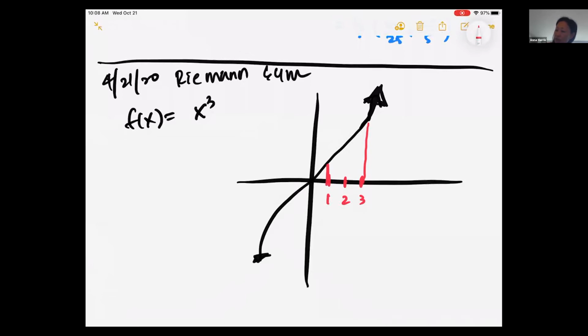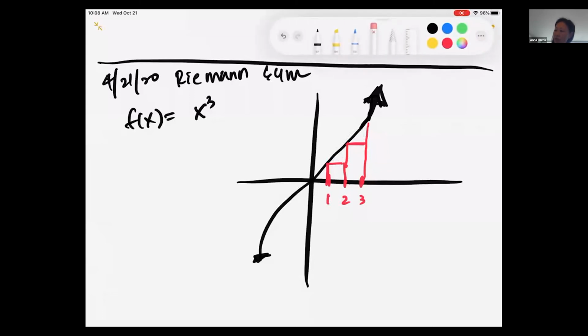If I just draw 2 rectangles, I'm looking at only 2 rectangles. Look at how much space there is. All this part is not calculated. I'm going to have a lot of error. My error is big. All right, but let's see. If I draw more rectangles, then what happens?